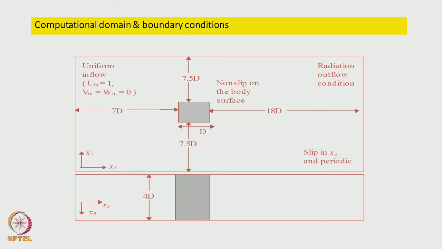So, in this domain the x3 direction is extended infinitely, and because of that the boundary condition posed is periodic, which means whatever solution happens at this end is posed at this end. Similarly, whatever solution is obtained here on one side of the z direction is posed on the other side of the z direction. Such a boundary condition is called periodic boundary condition.